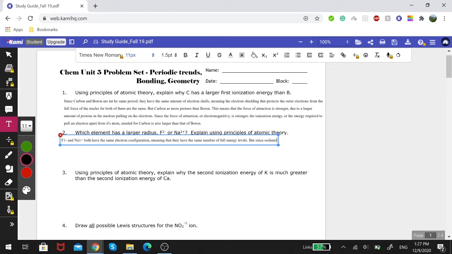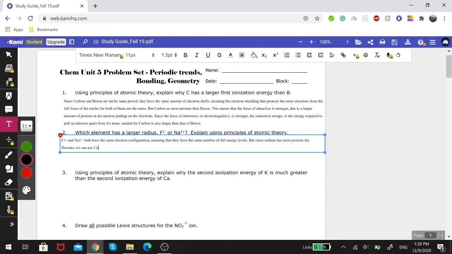But since sodium has more protons than fluorine, we can use Coulomb's law of attraction to know that the force of attraction on the electrons will be stronger on the Na cation than that of the fluorine anion.